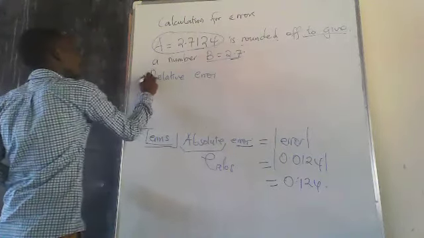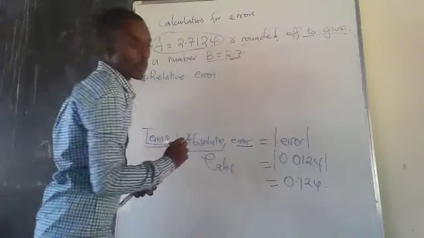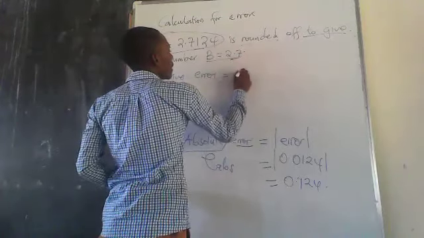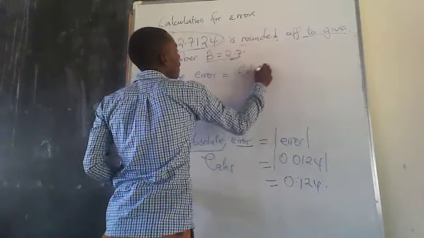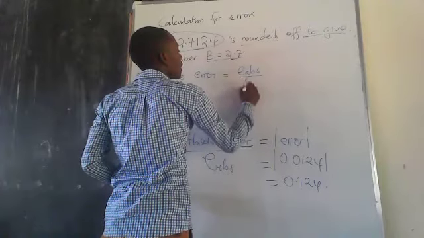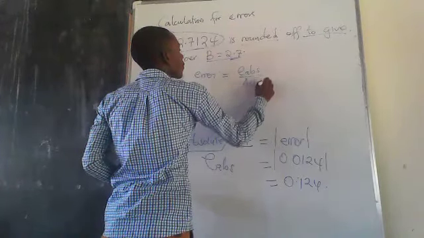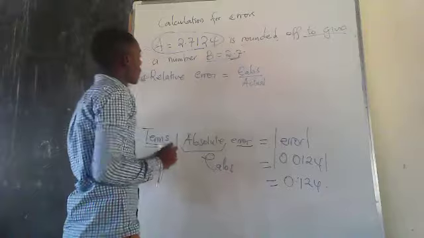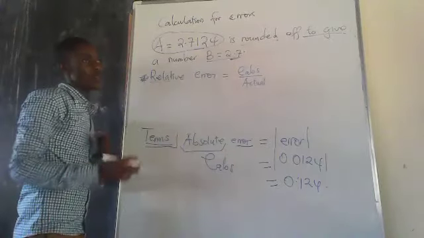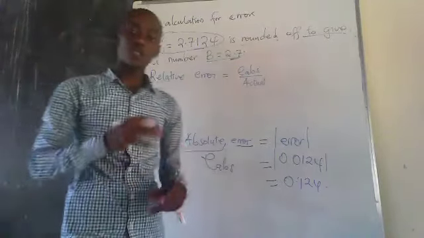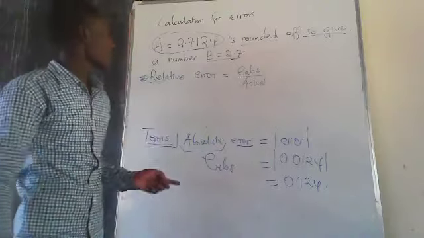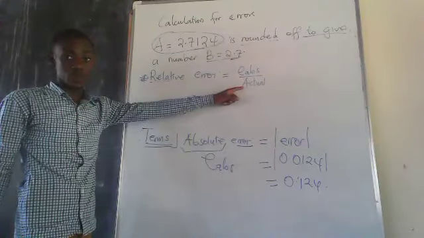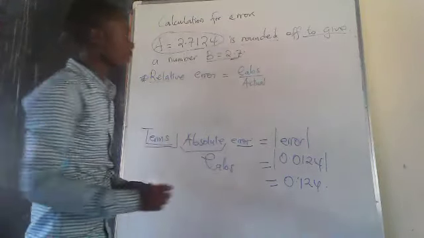So what is relative error? Relative error is got by getting the absolute error, but you divide it by the actual. Relative comes from the word relates. When you are relating, most times we are trying to relate two things. So we are relating our absolute error with the actual value. The answer that you get will be the relative error.